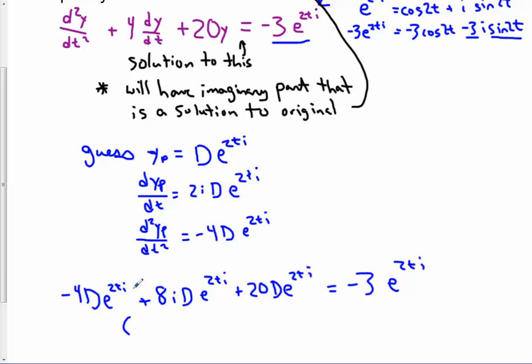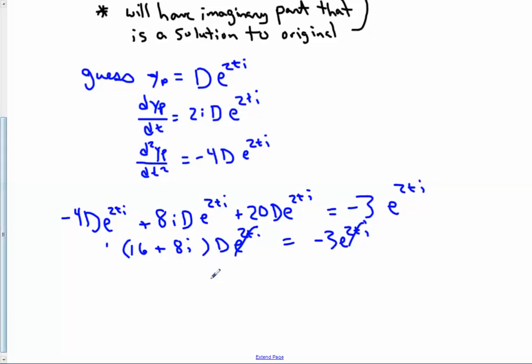All three of these terms have an e to the 2ti and a d. So I can factor out the d and the e to the 2ti, and I'm left with -4, 8i, and 20. The -4 and the 20 are 16 plus 8i. And on the other side we have -3 e to the 2ti. The e to the 2ti's are the same on both sides, and so it looks like d is going to be -3 divided by 16 plus 8i.